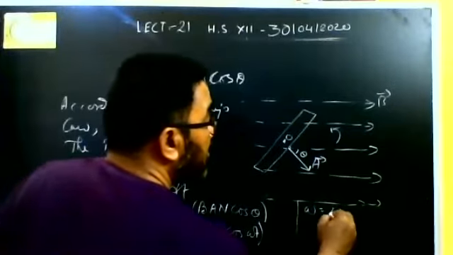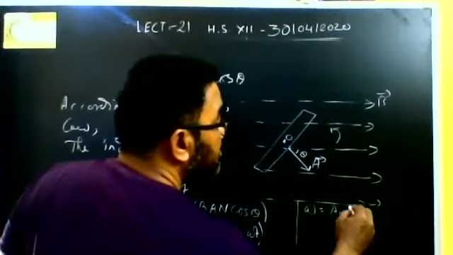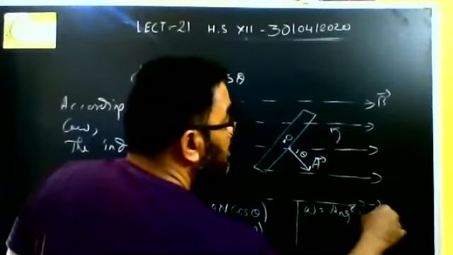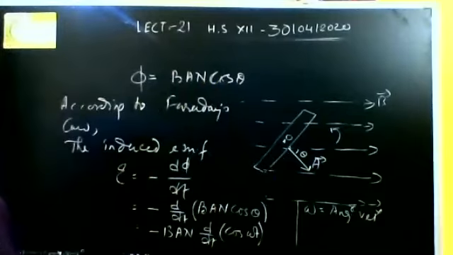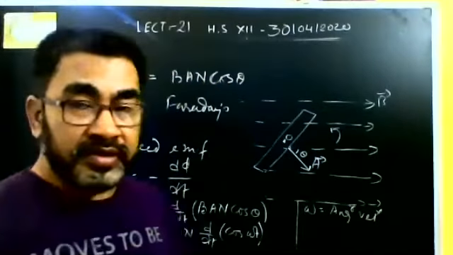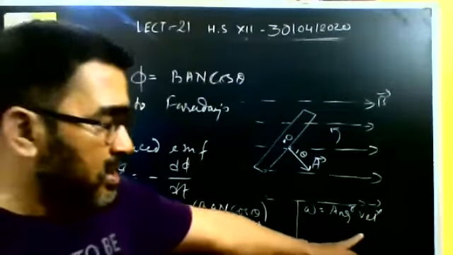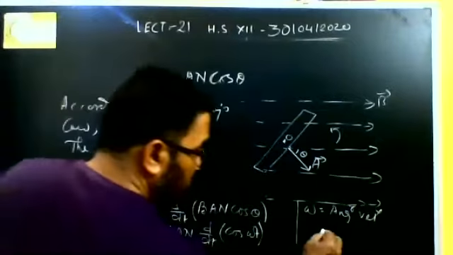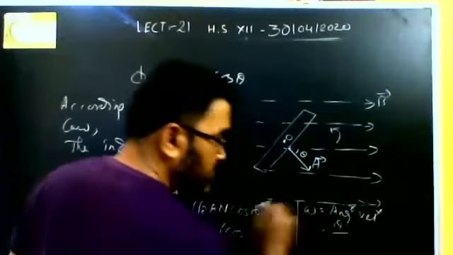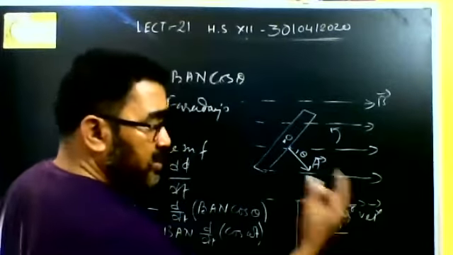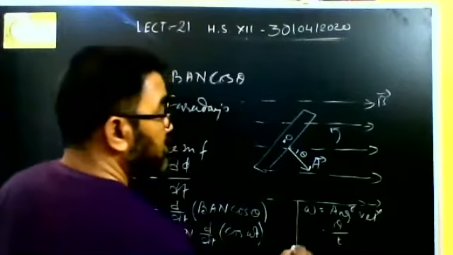Omega is the angular velocity of the coil, that is, angular displacement divided by time.